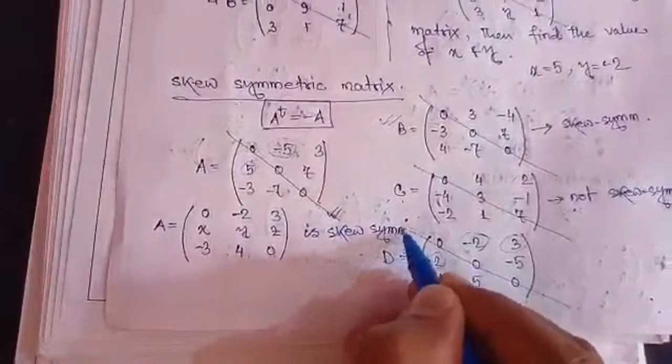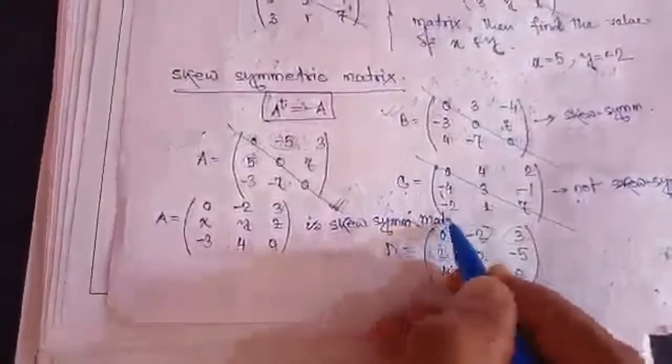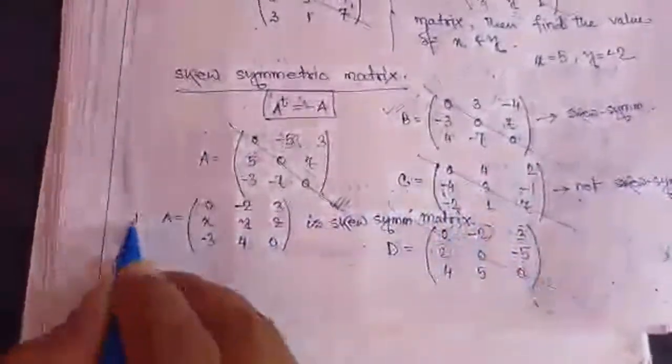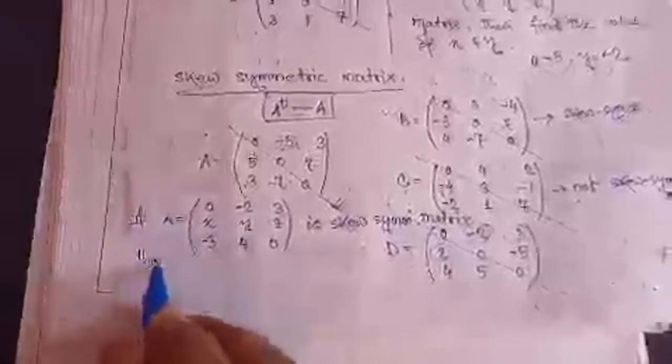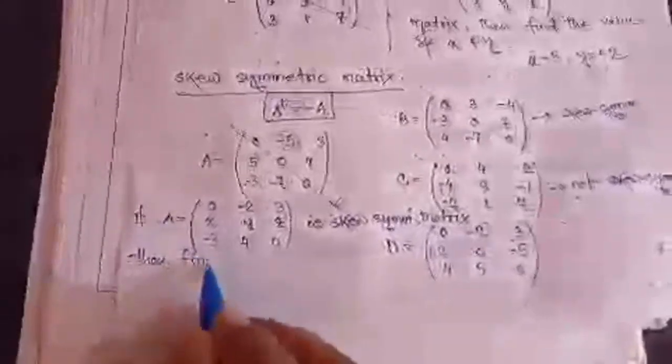If this is a skew-symmetric matrix, then find x, y and z. Sometimes this type of question comes in JEE or any competitive exam. If you do B.Tech, at that time also you will get this chapter.